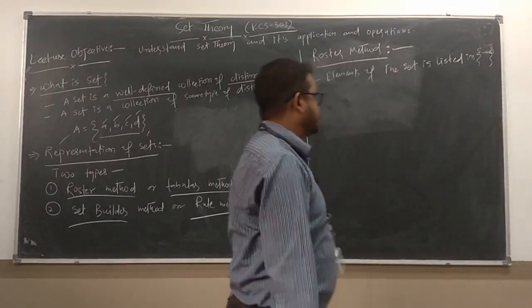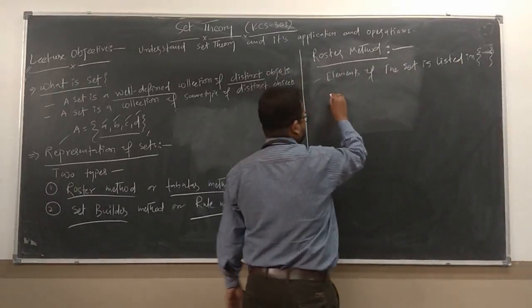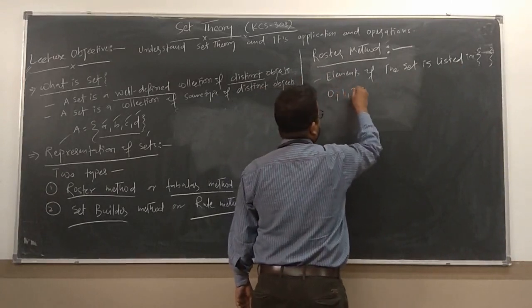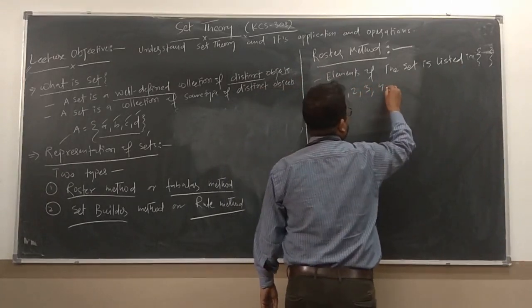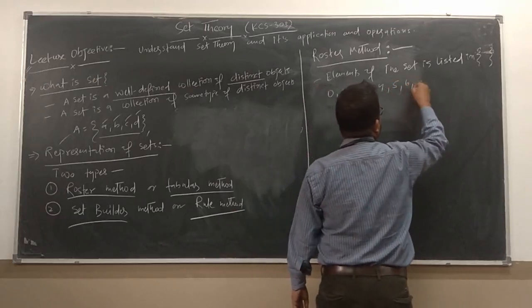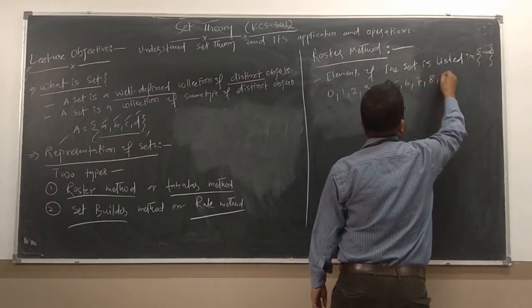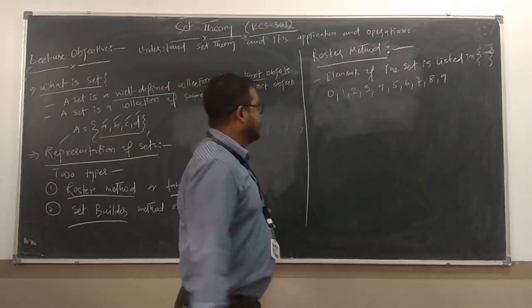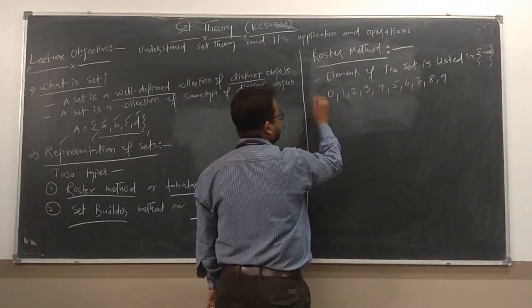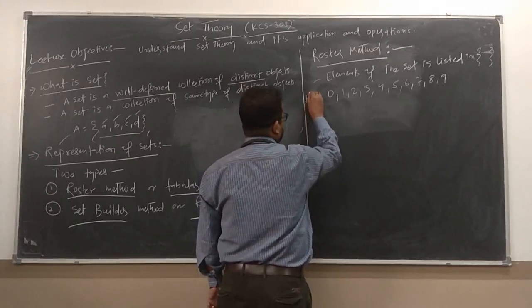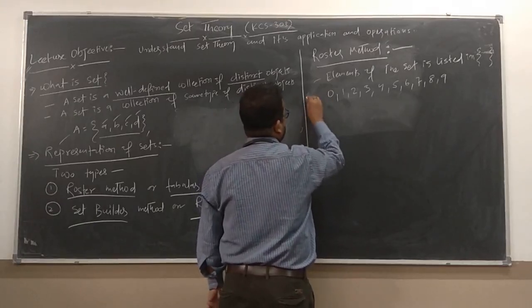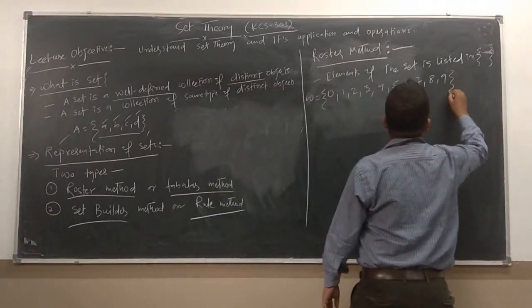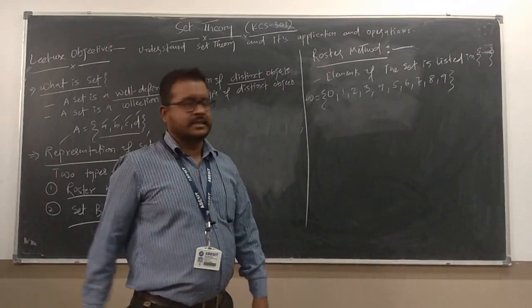For example, 0, 1, 2, 3, 4, 5, 6, 7, 8 and 9. If these are the 10 digits, they can be represented as a set of all 10 digits.